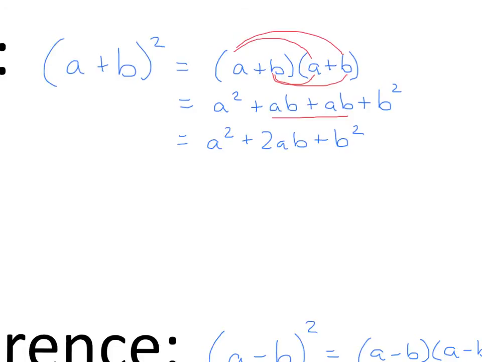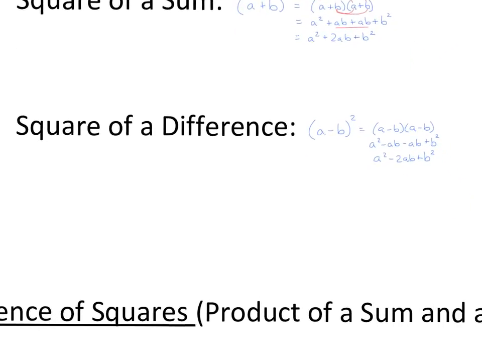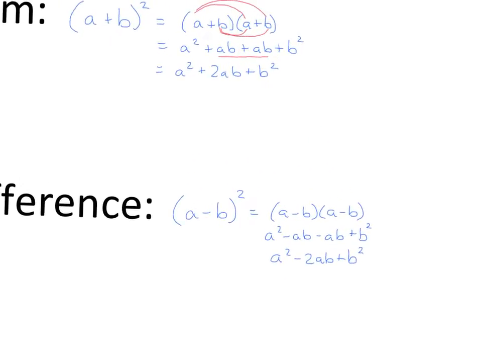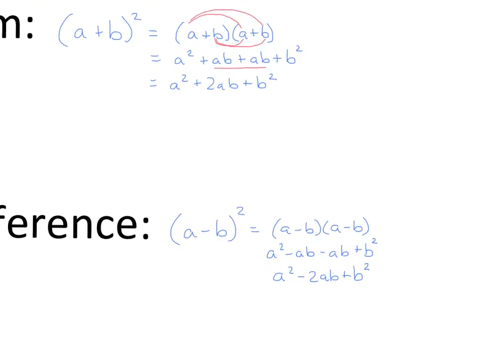Okay? Now, let's zoom down here, and we're going to look at square of a difference. So notice, if I zoom in here a little bit, how this and this are exactly the same, except the word difference means subtraction. Okay? So when I take the time to FOIL this out, after I write it out twice, I end up with A squared minus AB, another minus AB, again if you put BA that's okay, and then a negative times a negative would be a positive B squared.